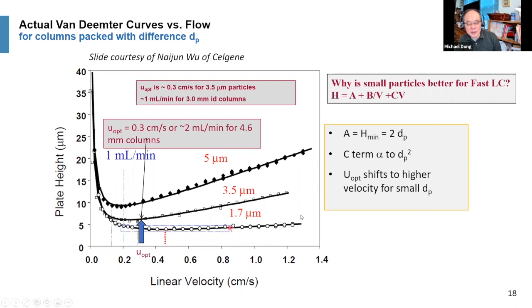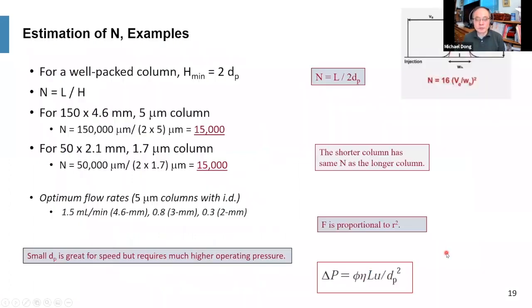While 5 micron, which is 3 times larger, the slope is 9 times higher, right? 10 microns is even worse. It goes up like that. Okay, so those are the Van Deemter curves and the ramifications. C term is proportional to dp squared, and the optimum flow rate shifts to higher velocity or higher flow rate for smaller particles.